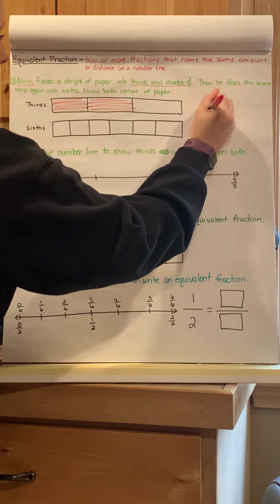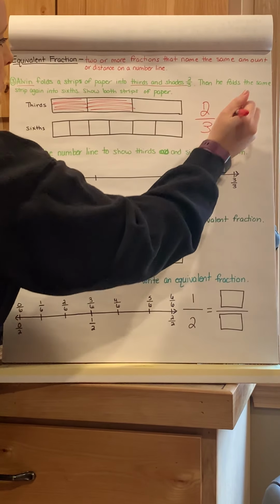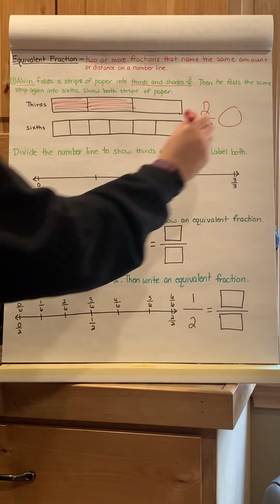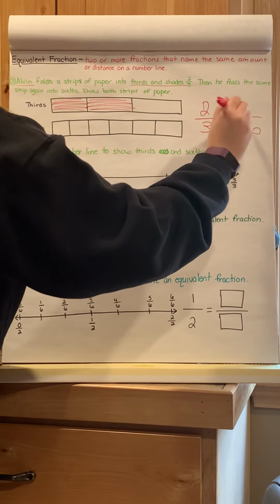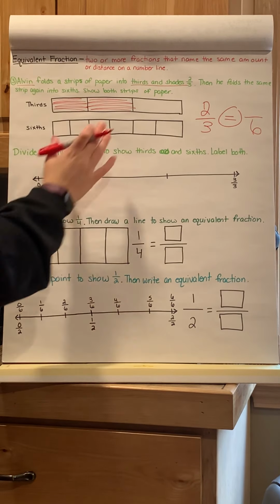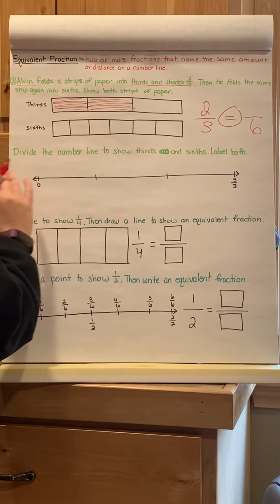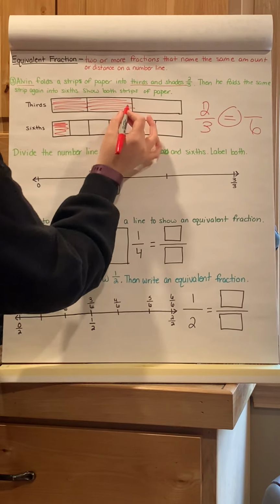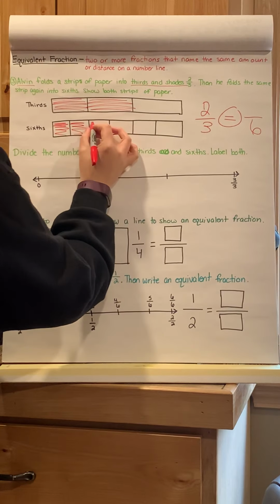2/3. Now I'm working with sixths. I need to make these two fractions equivalent or equal. They need to take up the same amount of space or distance. So I'm going to look up here and come down to my sixths, and I'm going to shade until I'm evenly lined up with my 2/3.